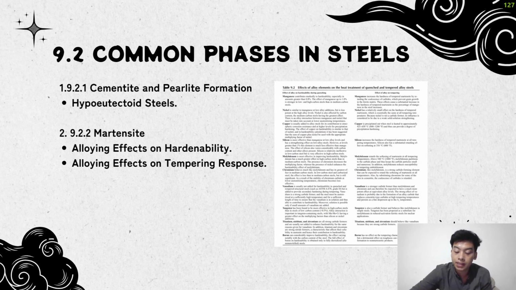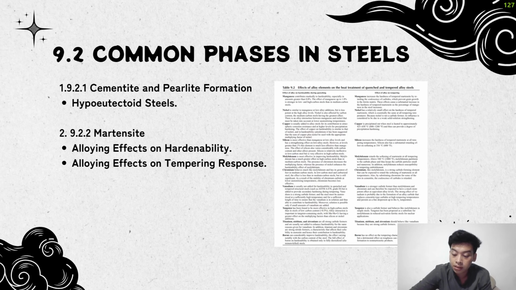Common phases in steels. Heat treatment of steels requires an understanding of both equilibrium phases and the metastable phases that occur during heating and/or cooling. For steels, the stable equilibrium phases include ferrite, austenite, graphite, and to some extent cementite, a very stable iron carbide.